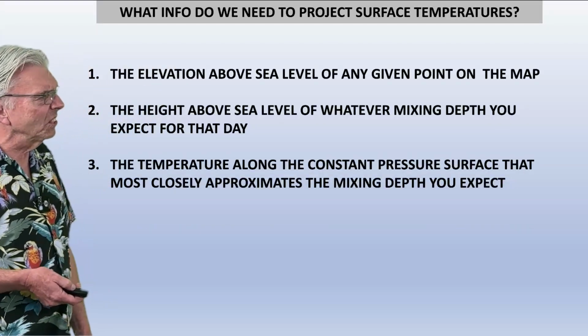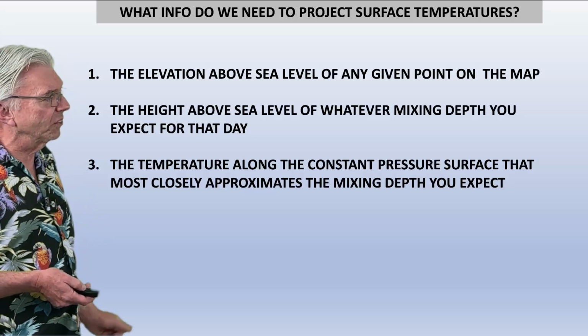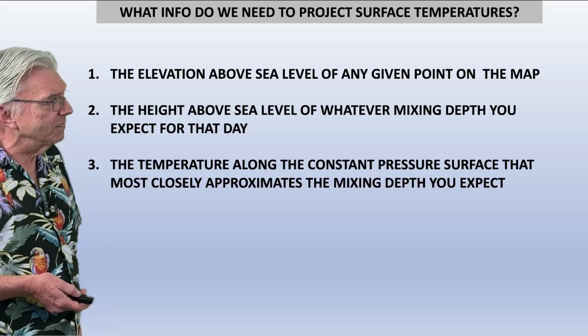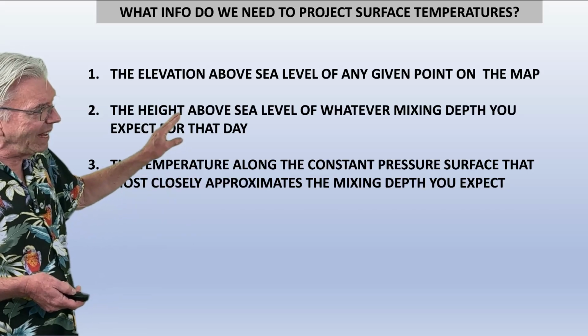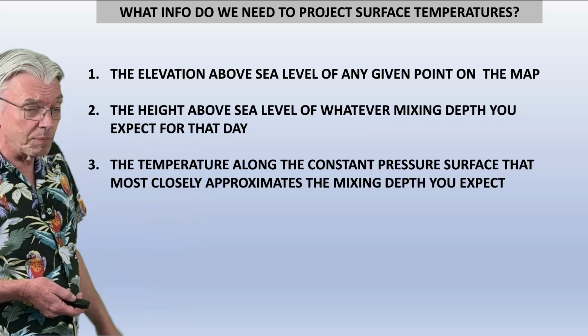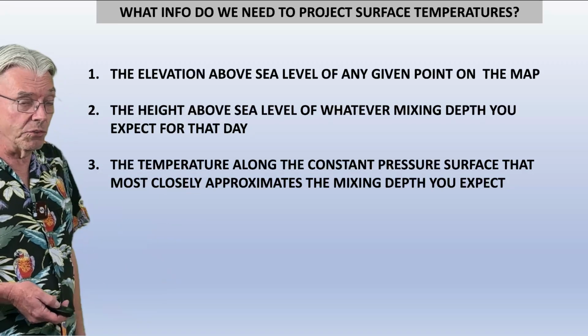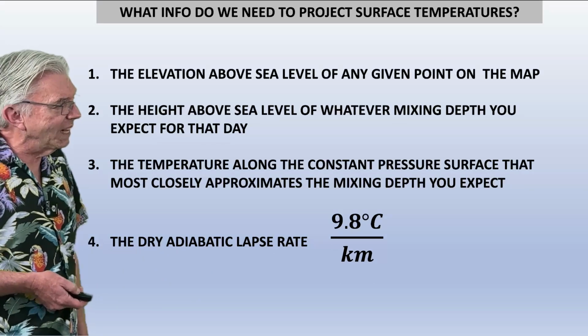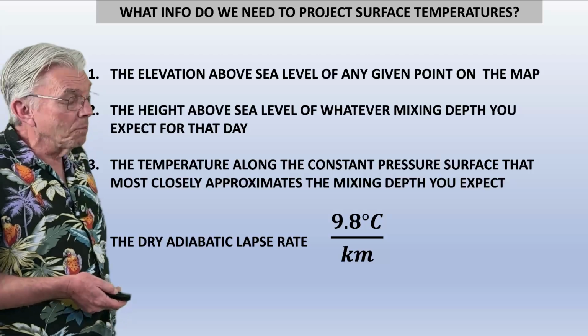Okay, and then the temperature along the constant pressure surface that most closely approximates the mixing depth that you expect, okay? So you need to know the height of that level and also the temperature at that level. And then once you have those three things, you're all set. And remember, the dry adiabatic lapse rate is 9.8 degrees centigrade per kilometer.